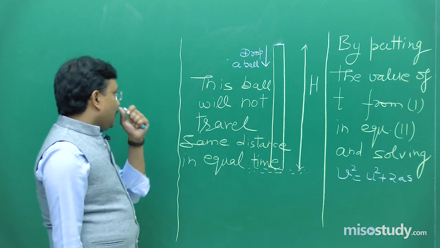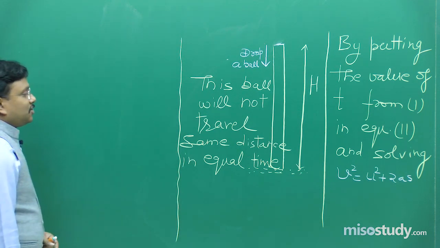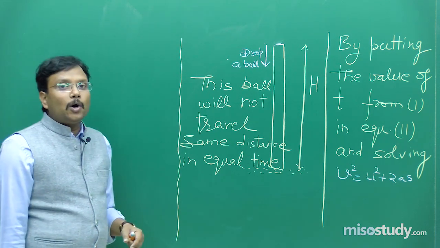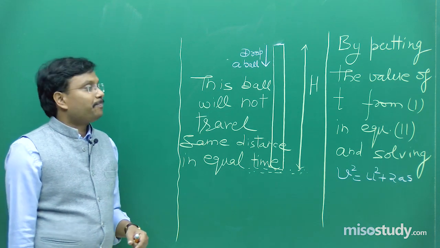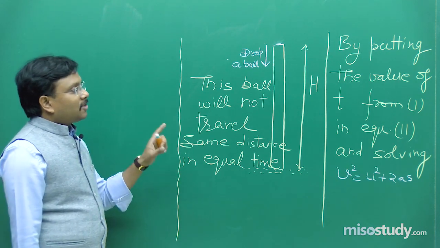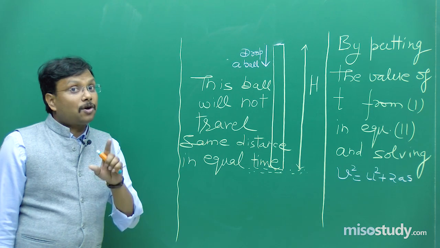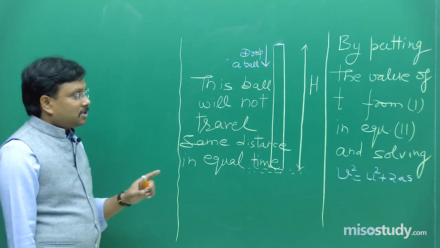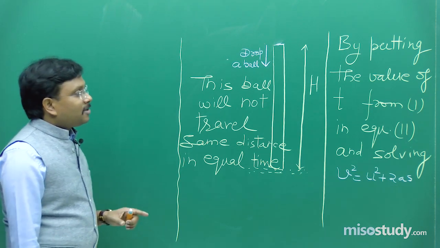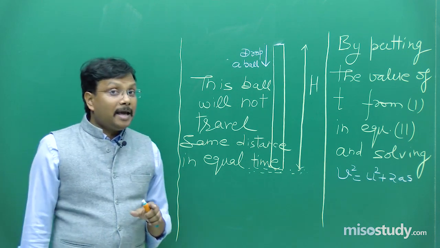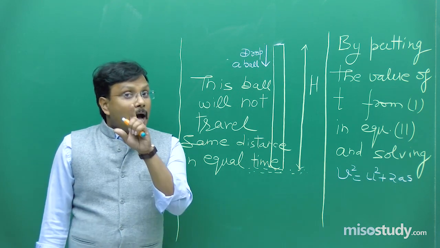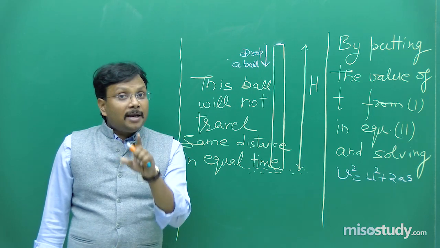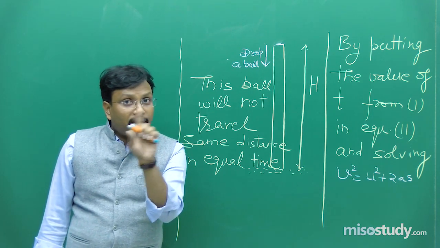Now before ending this lecture, I would like to mention a very important aspect. In this particular discussion, the acceleration is constant. But when we start discussing motion in a plane or circular motion, acceleration will remain constant in magnitude but not in direction.